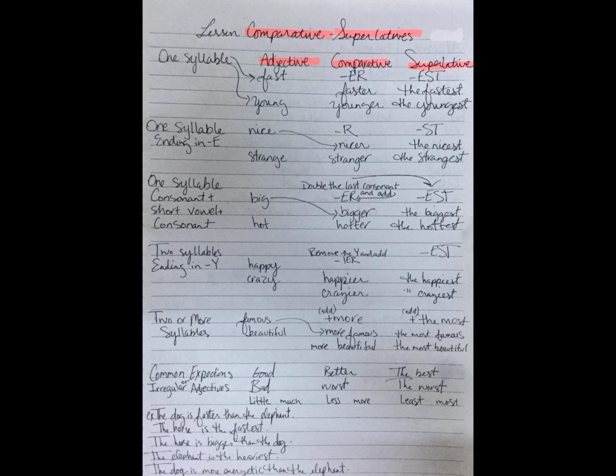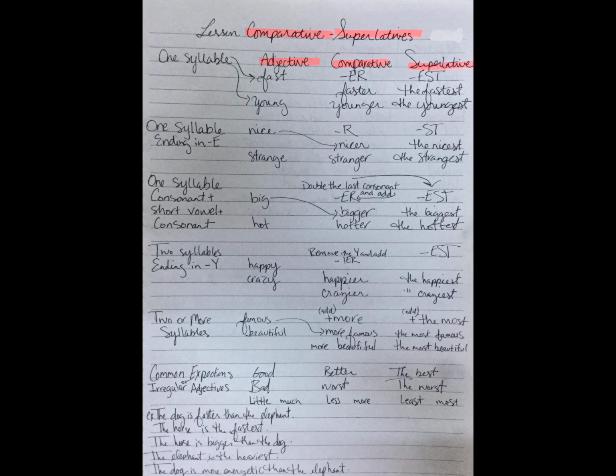And then for the superlative, we always add the, and then we remove the Y in happy and add IEST. So happy became happier for the comparative, became the happiest for the superlative.